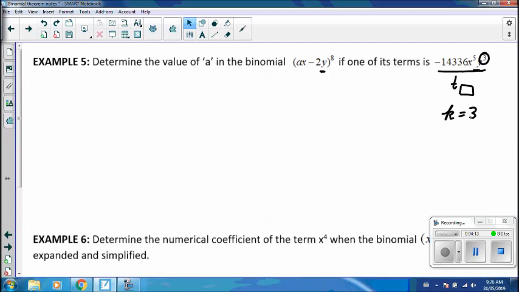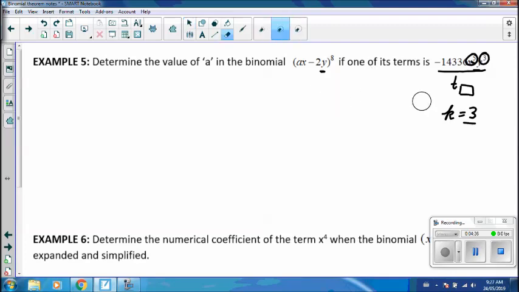And the other thing that I know is that if I look at the power on the x, which is 5 in the term in the expansion, this ax is going to be to the power 8 minus k, which is 3, which is 5. So that's where that comes from.